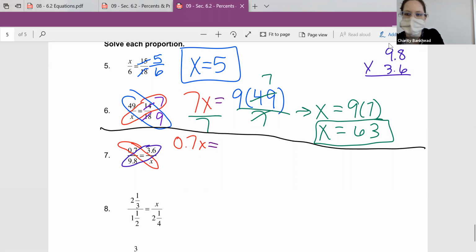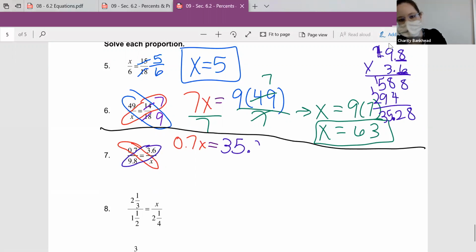So 6 times 8 is 48, carry the 4, that's 54, that's 58, 24, 7, 29. So I got 3528, and then I need 2 digits after my decimal point, because I have 1 digit plus 1 digit, that's 2 digits after the decimal point. So it equals 35.28.